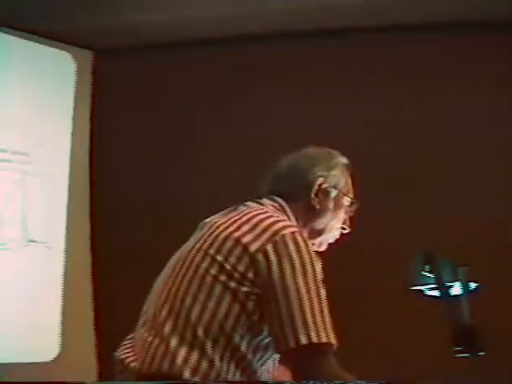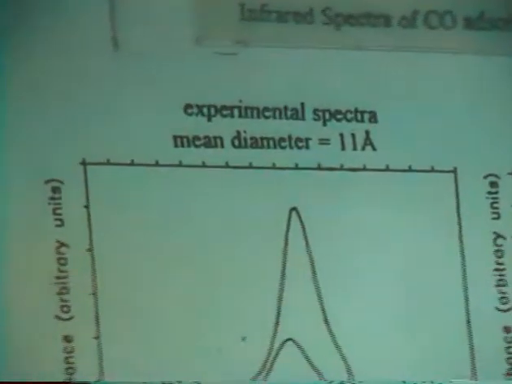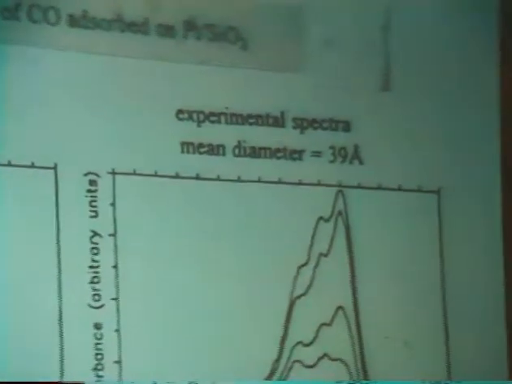So I'm going to show you two examples of systems where I think we can get some intuitive understanding by this kind of shifting and coupling. We've looked at CO on platinum particles, two different samples which have different mean particle sizes.